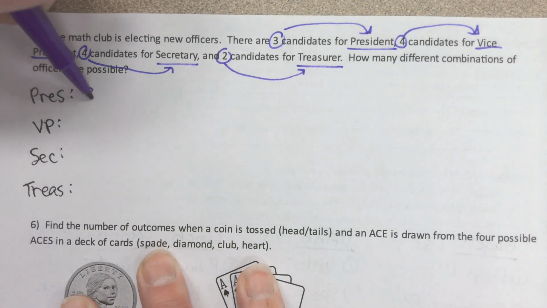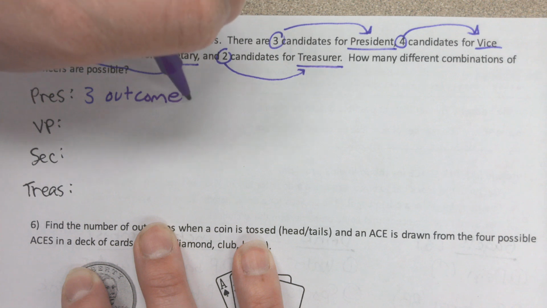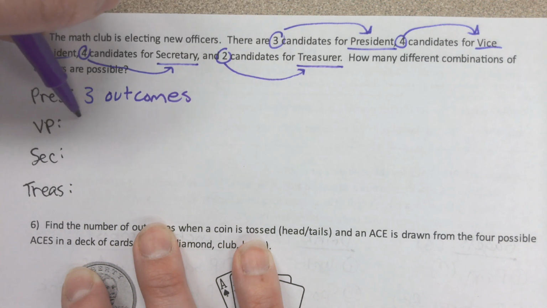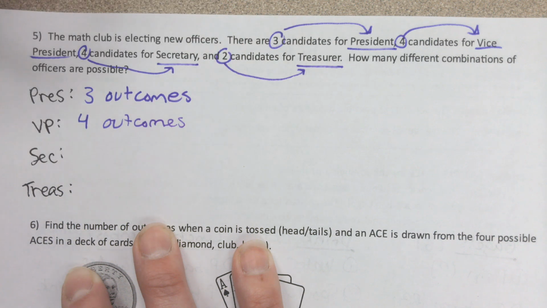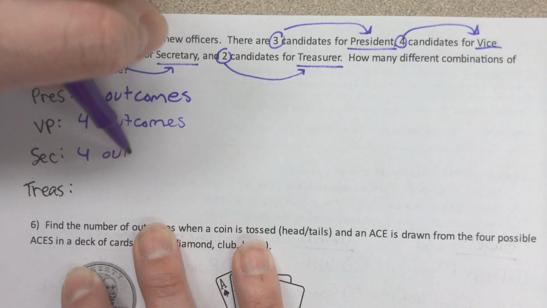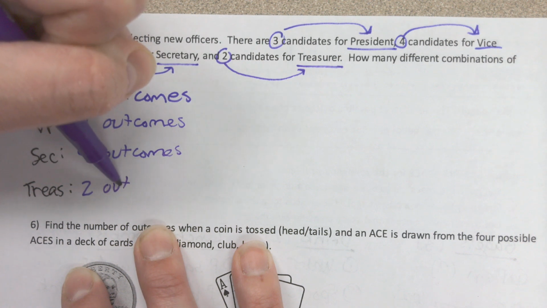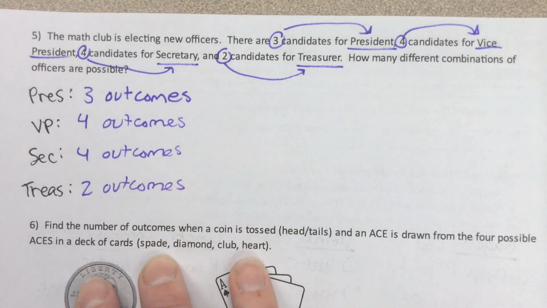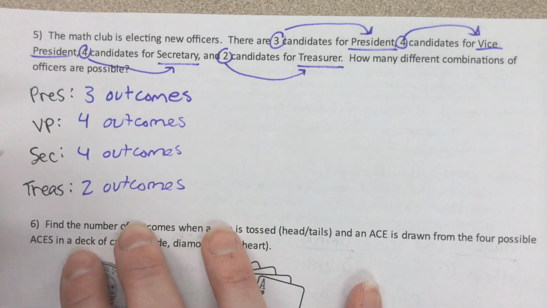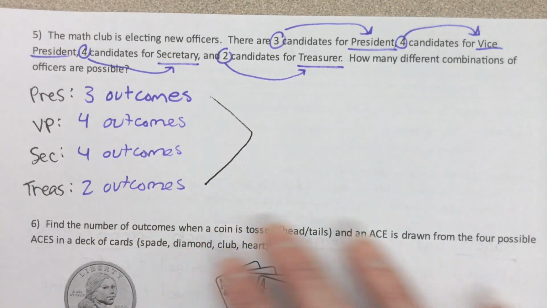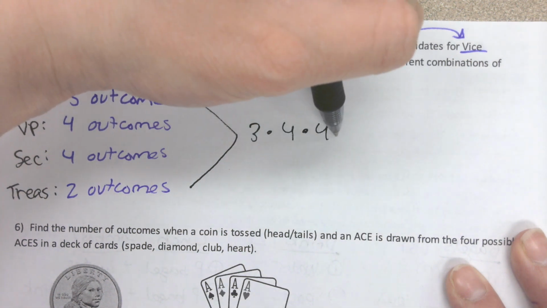President has three outcomes, choices, options, whatever you want to put there. VP has 4 outcomes. 4 for secretary. And 2 for treasurer. And then we multiply all those together. 3 times 4 times 4 times 2.